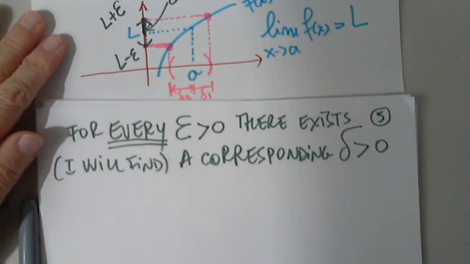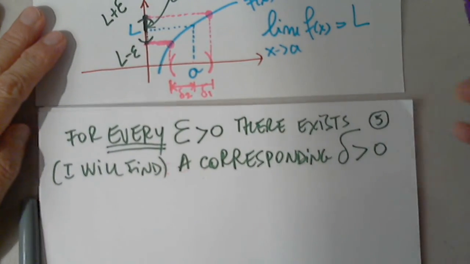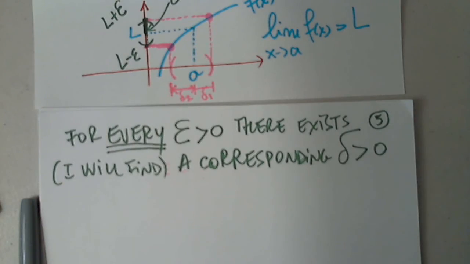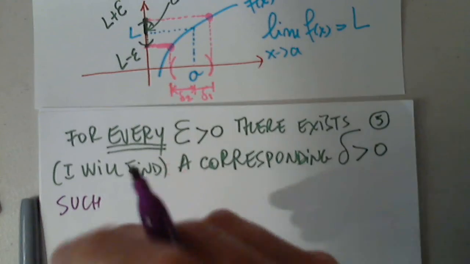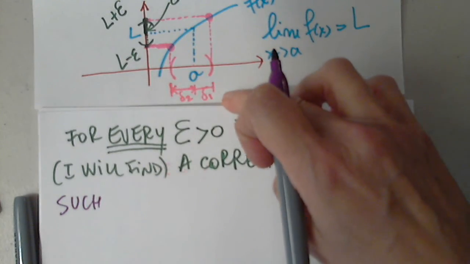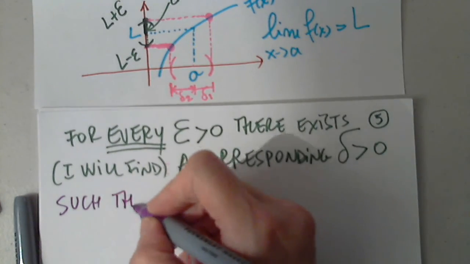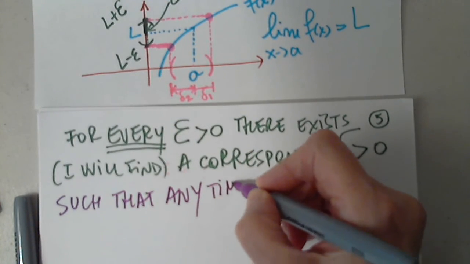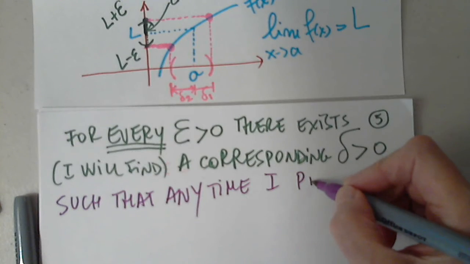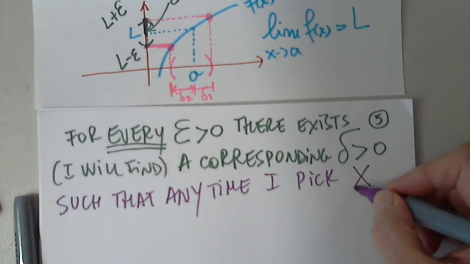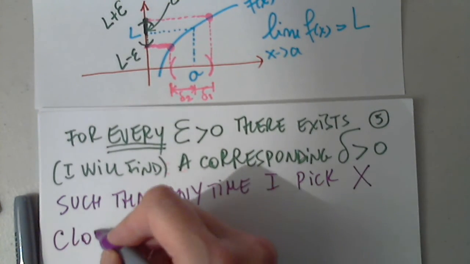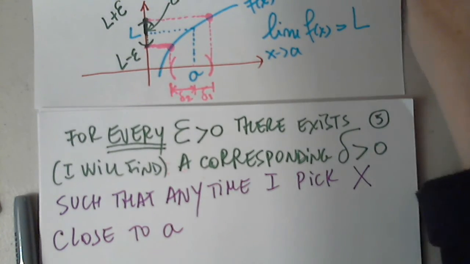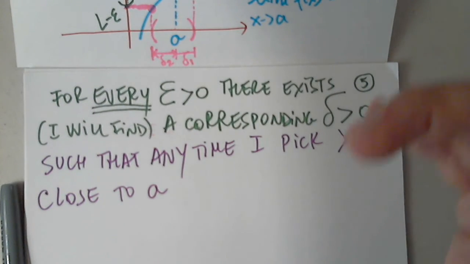Okay, so for every epsilon positive, there exists, or I will find, a corresponding delta positive, such that, and this will give us which one to pick, delta 1 or delta 2, such that anytime I pick x close to A, but this is very important, how close.